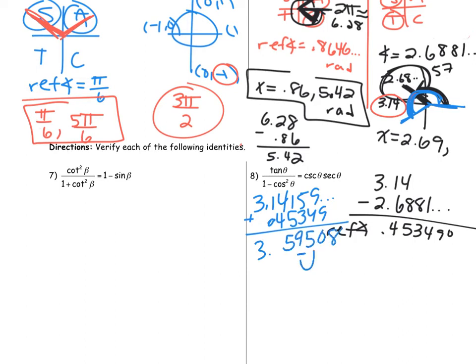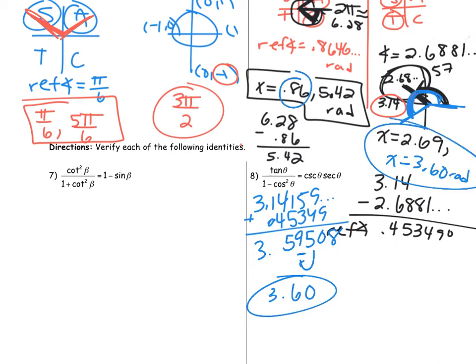We round to the nearest hundredth, so I get 3.60. So those are all of my angles, and this is all radians. So I have 0.86, 5.42, 2.69, and 3.60.